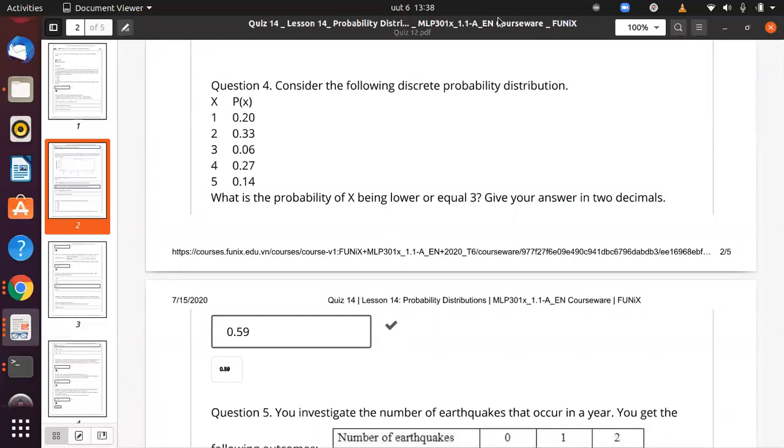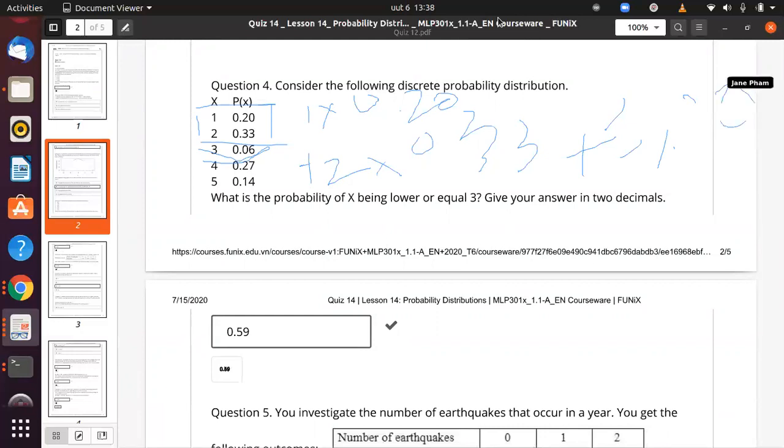Okay, let me try this one. I think I got this. So these are the probabilities of lower than or equal to 3. So it would be 1 times 0.20 plus 2 times 0.33 plus 3 times 0.06, right?